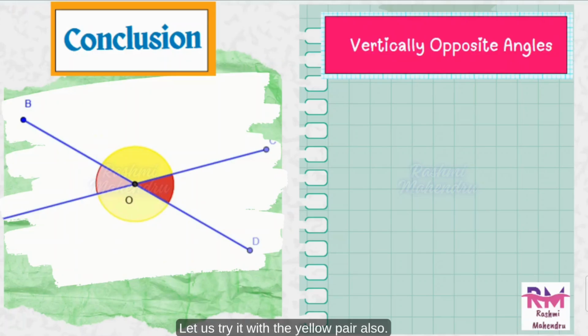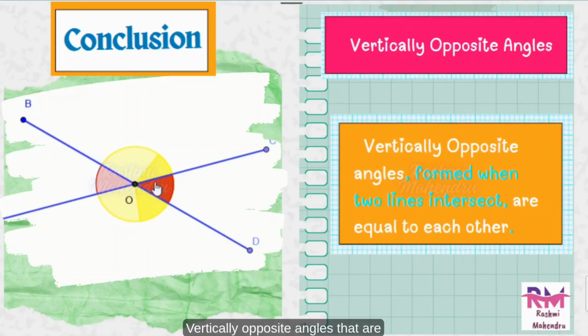Let us try it with the yellow pair also. Will the yellow angle completely overlap its vertically opposite yellow angle? It sure does. So what conclusion can you draw? Vertically opposite angles that are formed when two lines intersect are equal to each other.